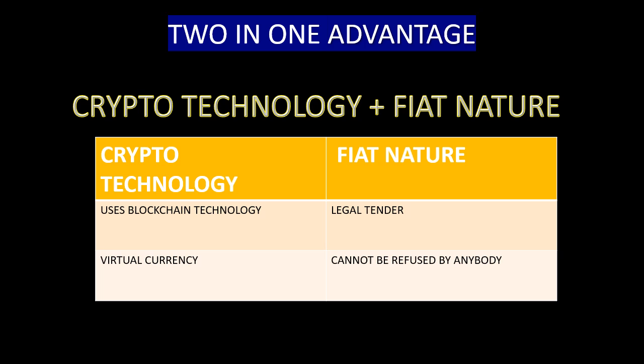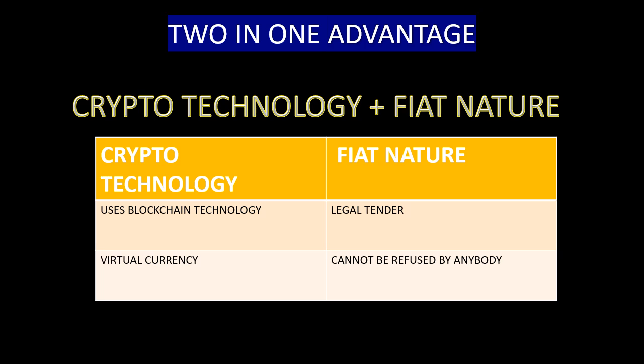Crypto technology. Everyone must have heard of Bitcoin. But there is one problem with Bitcoin. It is unregulated. It is not a legal tender, but this is not the case with central bank digital currency. Central bank digital currency is regulated by RBI itself and it is a legal tender like paper money.